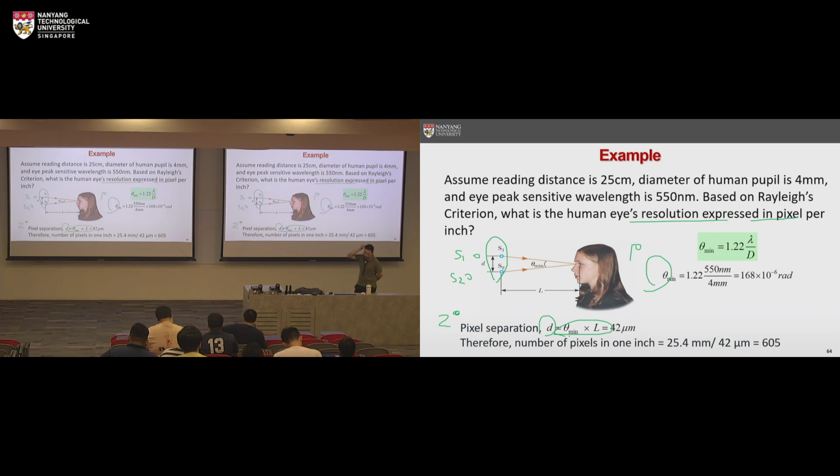We take the assumption that because L is very far away and theta is very small, when theta is very small, it's equivalent to sine theta, which is also equivalent to tangent theta. That is why in the end, we can use the pixel separation D as this minimum angle times the L. Okay, so that will give you your pixel number.